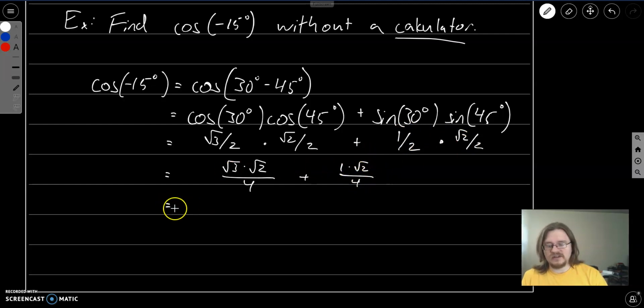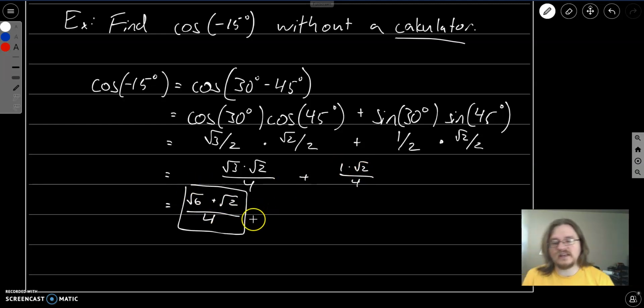Well, we have the same common denominator, so that's just going to be 4. Root 3 times root 2 is root 6, and 1 times root 2 is root 2. And this is as simple as we can make it. Cool. So we have our cosine of a negative 15-degree angle.